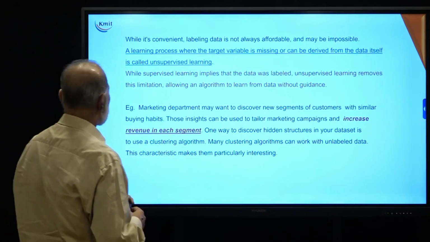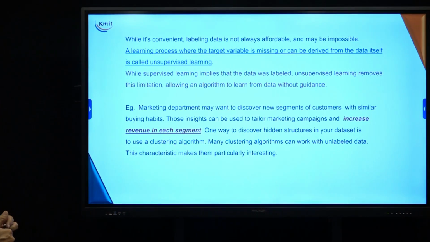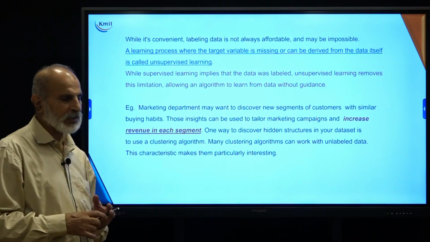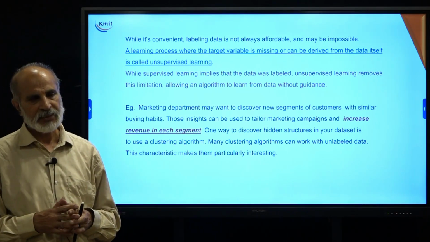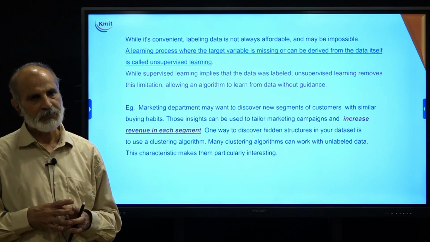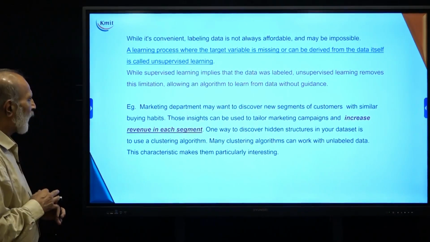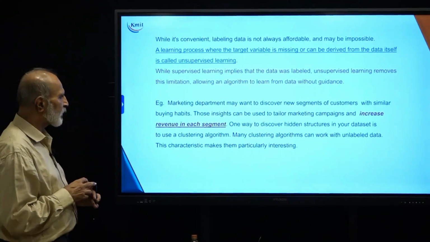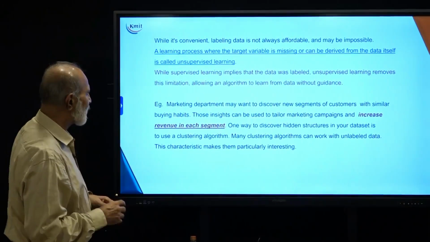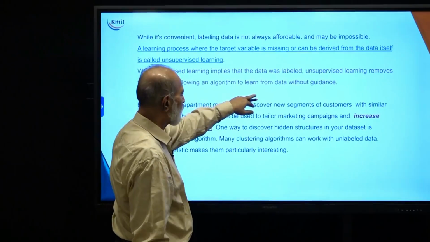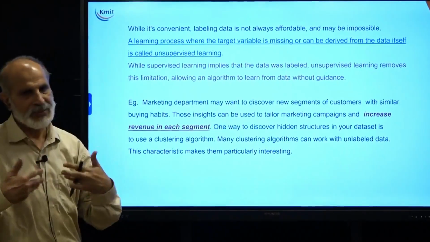Okay. In a learning process where the target variable is missing, sometimes the target variable is not known. So what you can do is, we have a term called unsupervised learning. I do not know what variable I will be using, so we have to derive an algorithm where I go for the unsupervised learning principle. While supervised learning implies data is labeled, unsupervised learning removes the limitation and allows an algorithm to learn from the data itself.